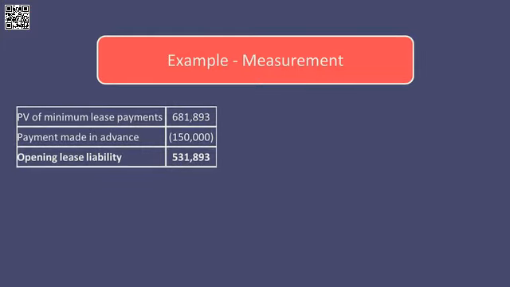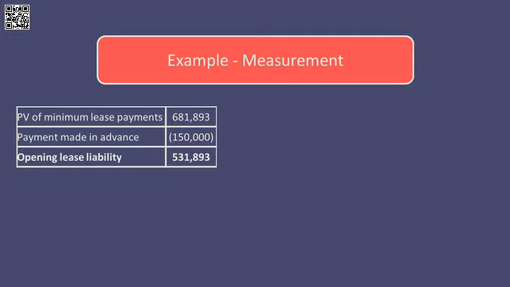Now, the opening liability then is the 681,893, but don't forget that we've already made that payment in advance of 150,000, and therefore the opening lease liability is 531,893.